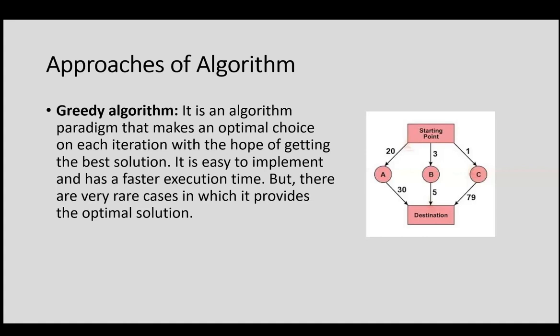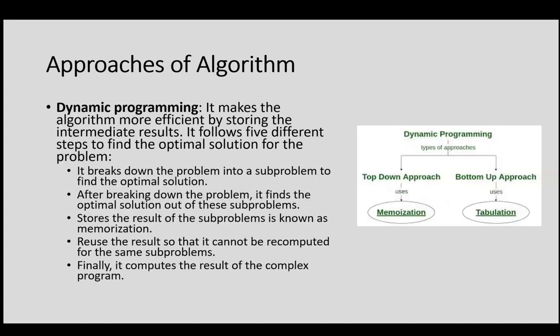For the sub problems, it will identify how to solve them, and the results will be stored somewhere, which is called memorization. Whenever you get similar sub problems, you use the same result so that you don't have to recompute it. Then ultimately you get the solution for the big complex problem. So those are the four approaches.